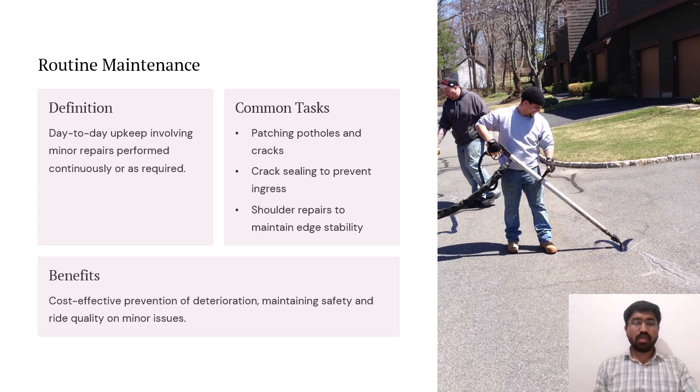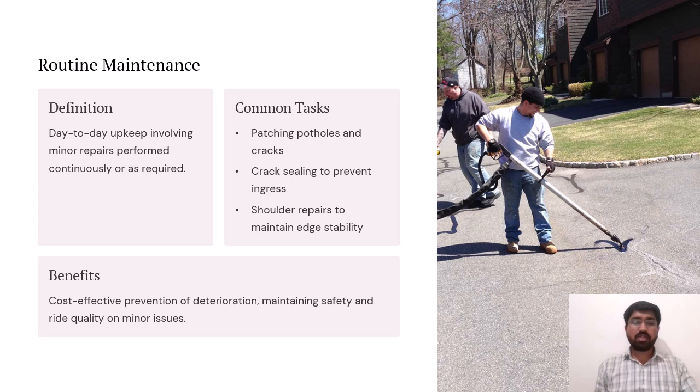Routine maintenance is the day-to-day upkeep involving minor repairs performed continuously or as required. Common tasks include patching potholes and cracks, crack sealing to prevent ingress, and shoulder repairs to maintain edge stability.